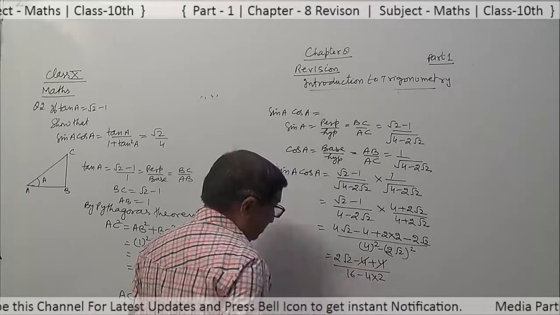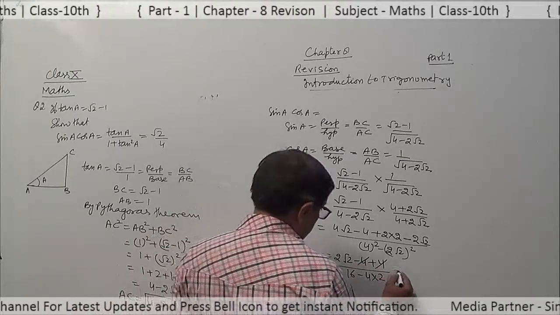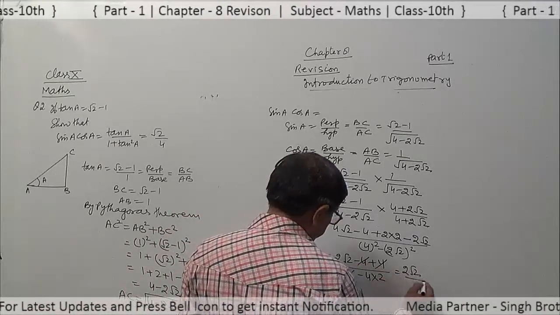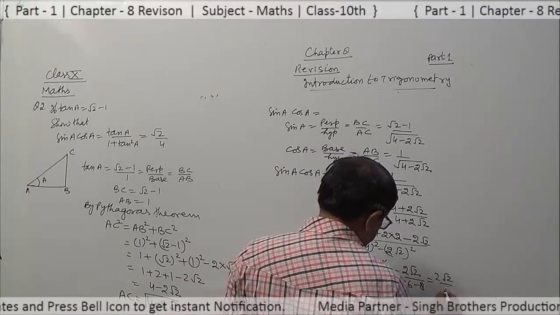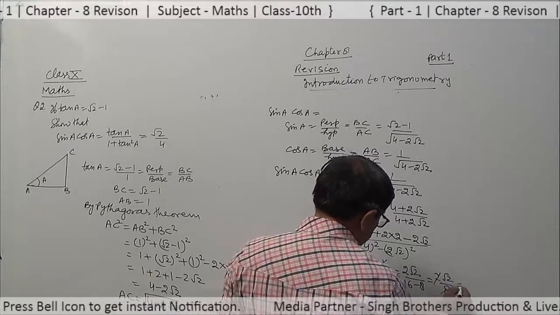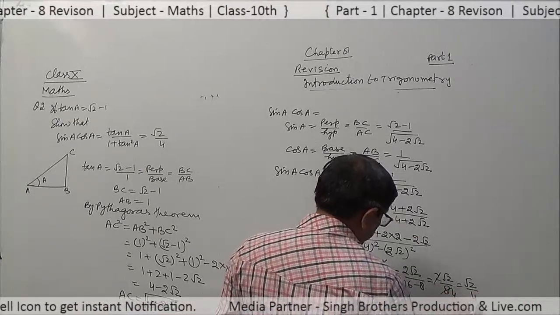This 4 and 4 cancel. 2 root 2 upon 16 minus 8, upon 8, 2 fours are 8, root 2 upon 4.